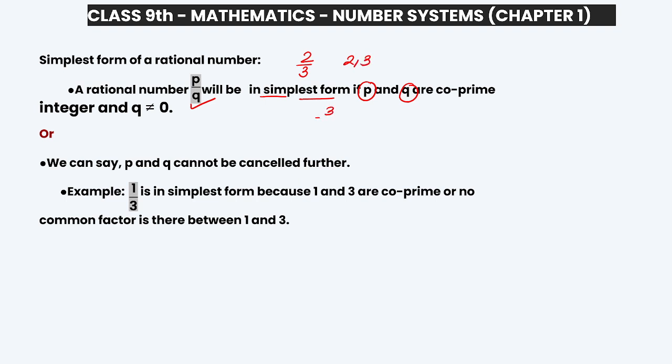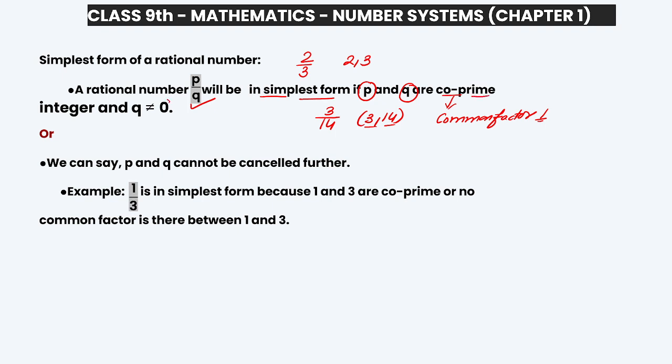If I am taking 3 by 14, this is also co-prime. These all are co-prime. Here, why are we saying 3 and 14 co-prime? What do you mean by co-prime numbers? Here, when the common factor is 1, उन दोनों का common factor अगर क्या हो? 1 हो. इन दोनों में common क्या है? सिर्फ 1 ही है. तो हम कहेंगे ये क्या बनेगा आपका co-prime number.